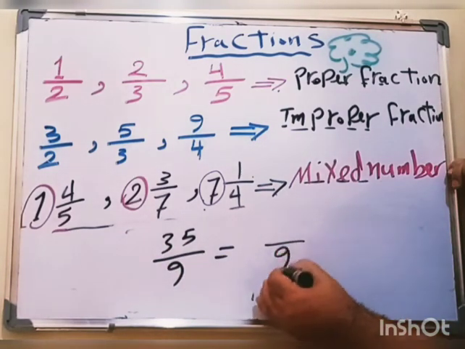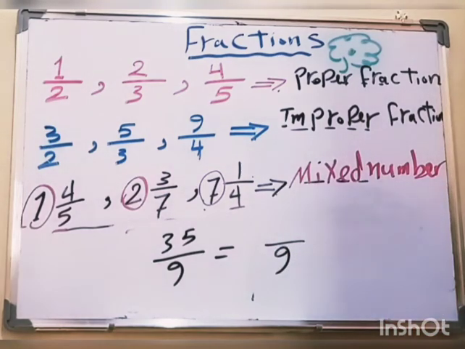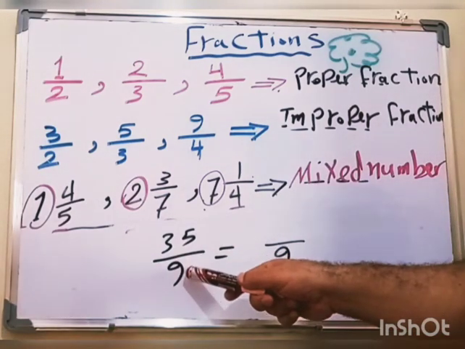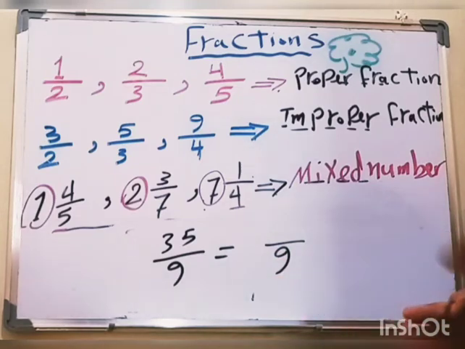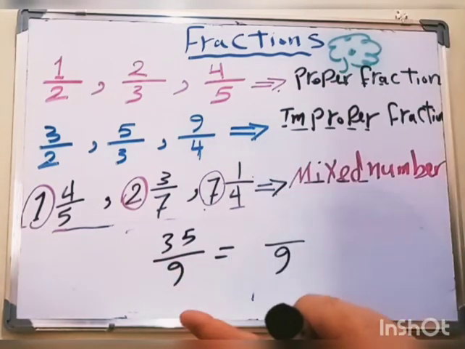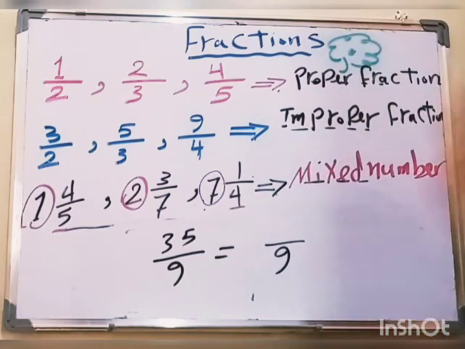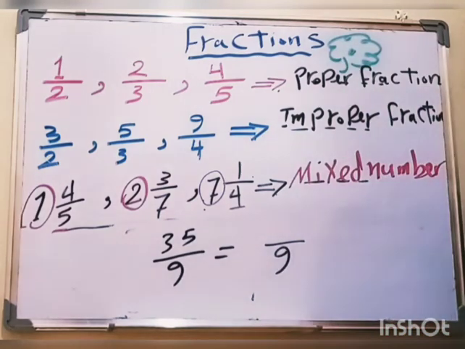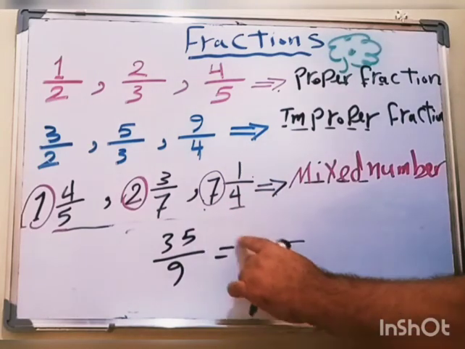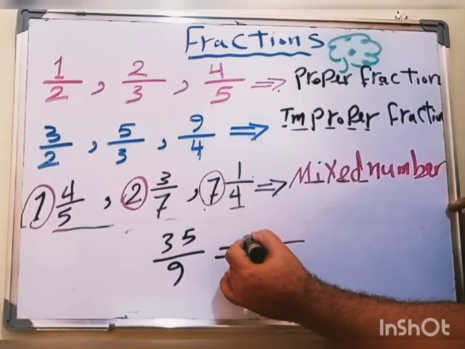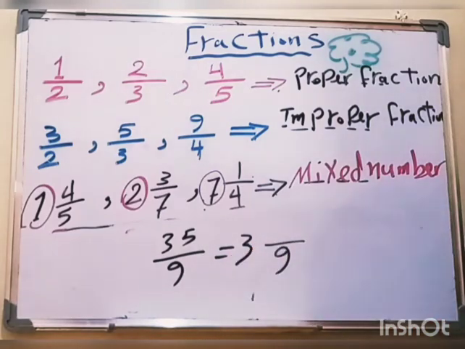Keep the 9, keep the denominator as it is, and ask yourself what is the number that if we multiply it by 9, the result is closest to 35. Not bigger than 35, less than 35 and closest to it. Okay, 4 times 9, 36. No, 36 is bigger than 35. Then 4 becomes 3 times 9, 27.